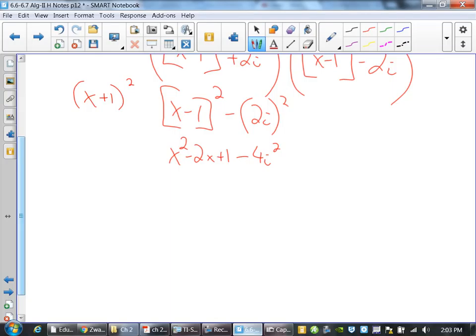That's 4. So this becomes x squared minus 2x plus 5. And then I have to multiply that to x squared plus 2x plus 1. Hopefully we're not killing any puppies anymore. And then just FOIL out and you get a 4th degree polynomial.